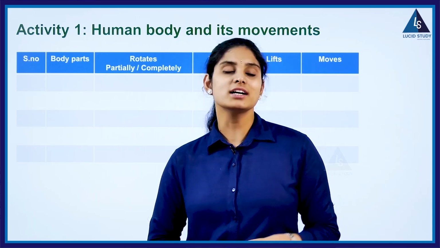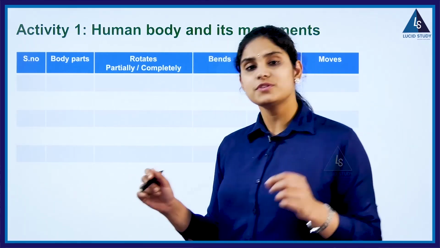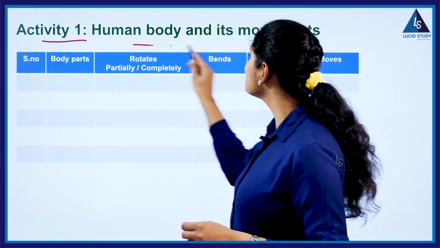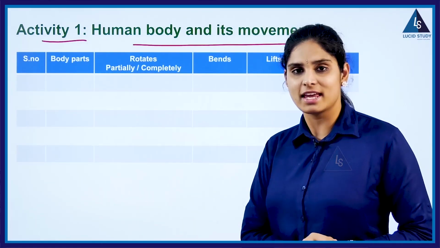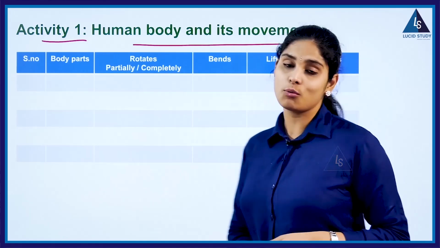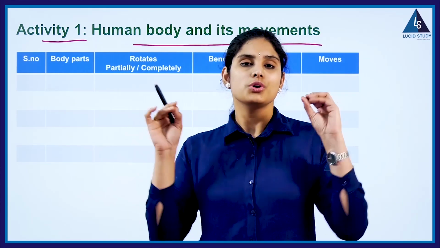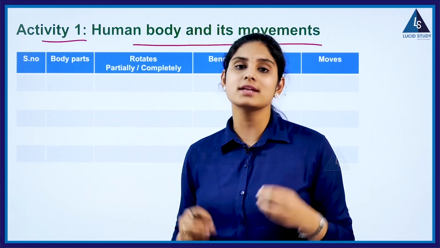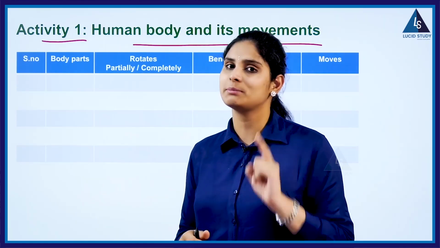Yes. So here, come on, let's learn about that with the first activity, activity 1, that is the human body and its movements. Yes, as you can see, a table. Now what you have to do in the activity is move your body parts in different directions but in a limited way.